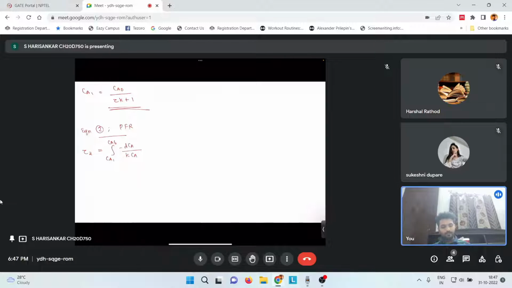If we integrate this, basically it will be 1 by K ln Ca from limit Ca1 to CaF, minus 1 by K. And so tau2 will be basically 1 by K ln Ca1 by CaF.